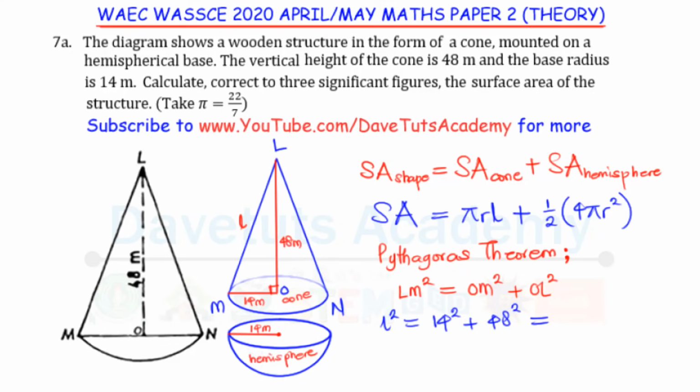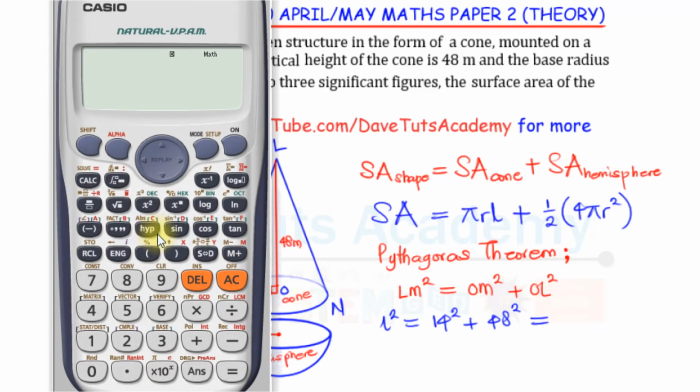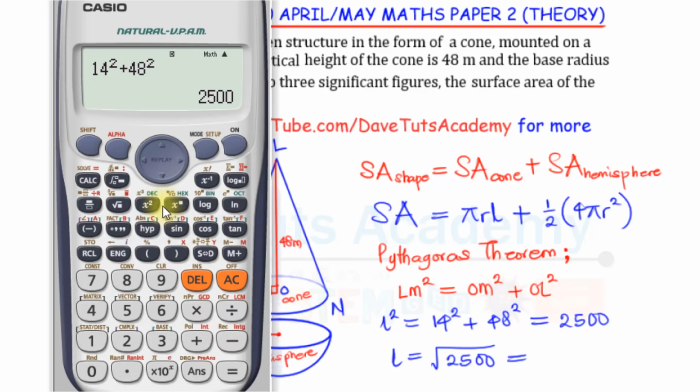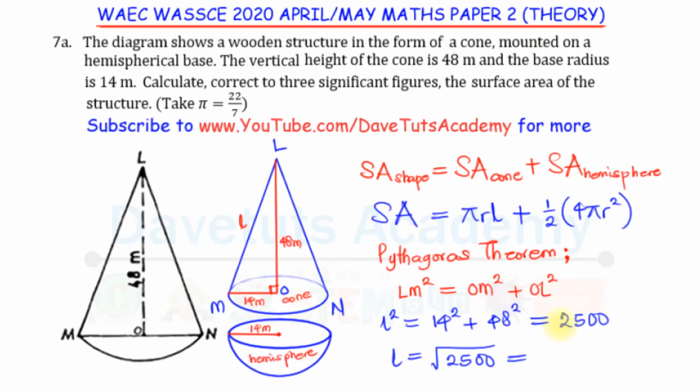Using our calculator, 14 squared plus 48 squared is 2,500, such that L will be the square root of 2,500, and the square root of that answer is 50. So L is 50 meters.